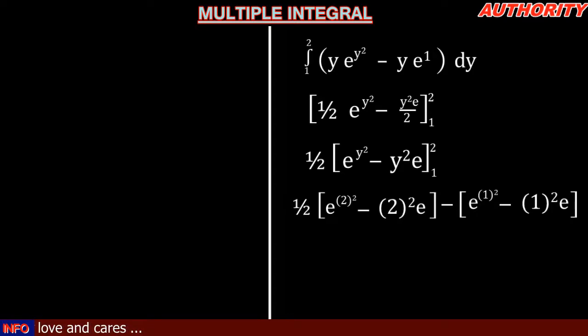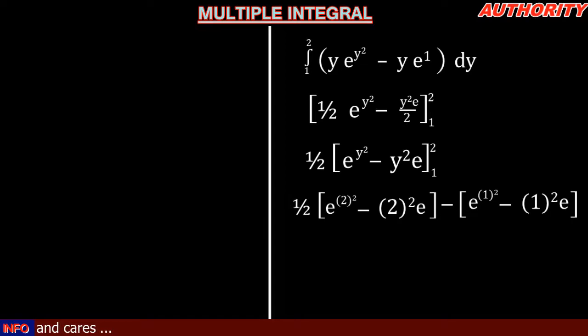Here we have 2 squared e. Okay, close the bracket, minus the lower limit. Now we're going to have e raised to power y squared. In place of y, we replace it with 1, which is the lower limit, and then we have 1 squared minus y squared e. In place of y, we replace it with the lower limit 1. Okay, so here we have 1 squared e.